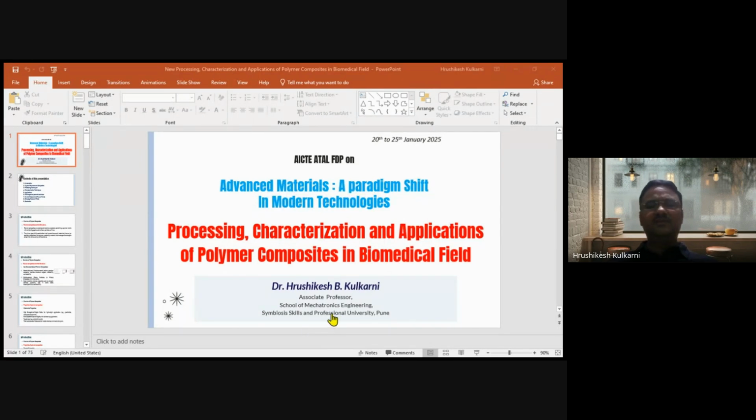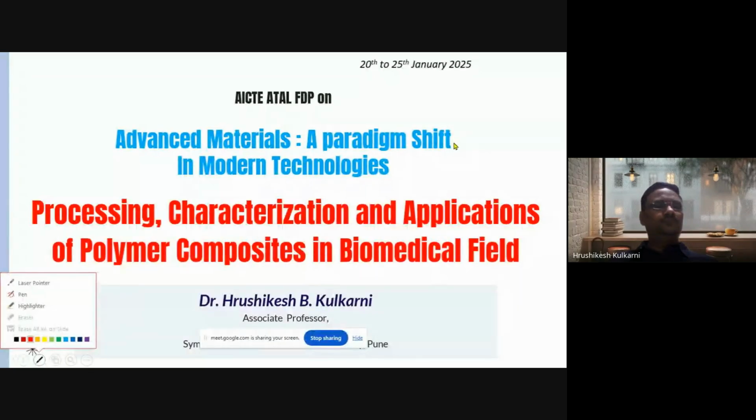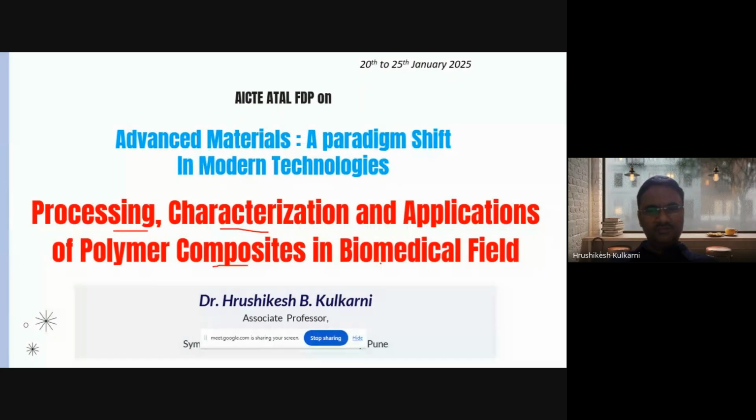Okay, now I will start with the actual presentation. Today's discussion point is processing, characterization, and application of polymer composites in the biomedical field. This subject of composites has now been introduced at diploma as well as UG level. It is a necessity of the field that research should go on in this area.